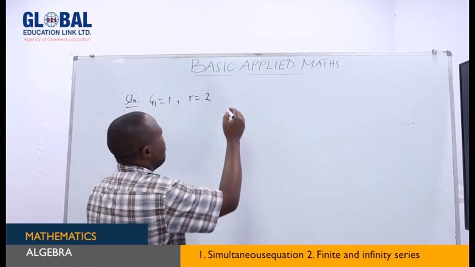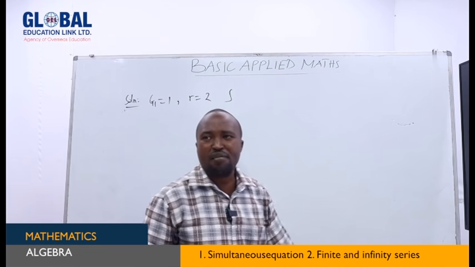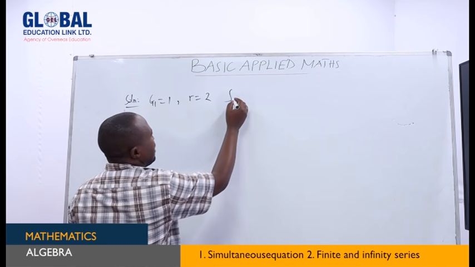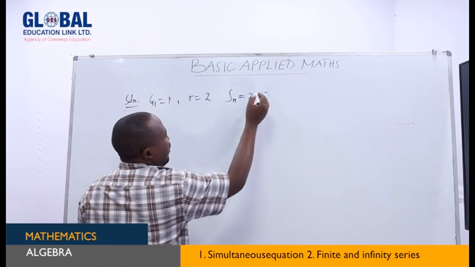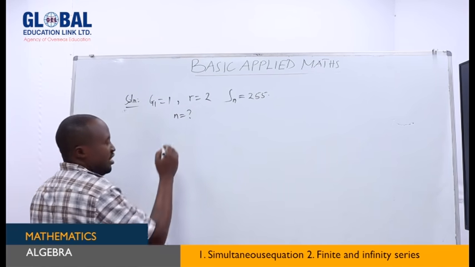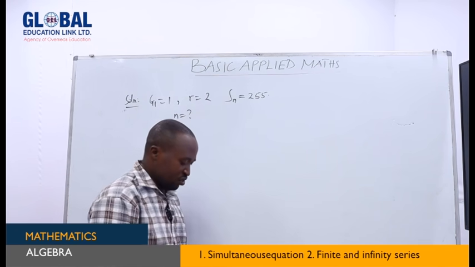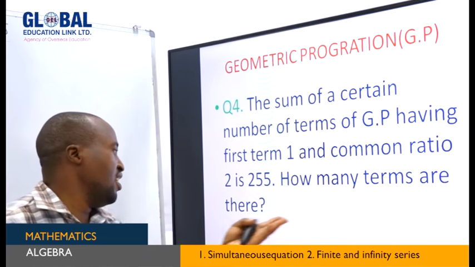But that is the sum. We have the sum of a certain number of terms. The number is unknown, so call it N. This is equal to 255. So what is missing is N. The question says, how many terms are there?